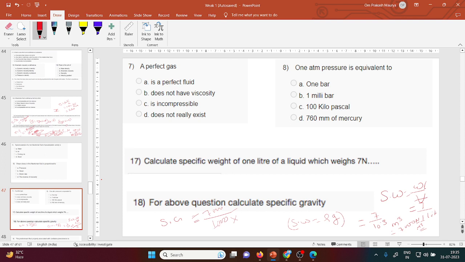For a standard fluid we are considering water. For every specific gravity, in case of liquid, we consider the standard liquid as water. So density of water is 1000 and g value is 9.81. You can calculate, or you can take 10, no problem. So here 0.7 is coming as the answer, the specific gravity.